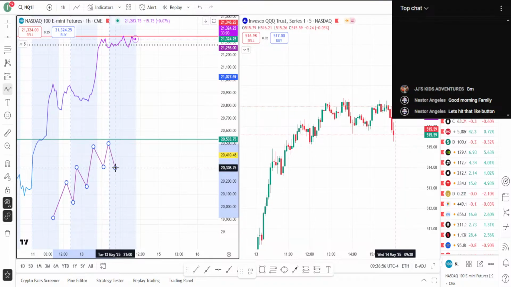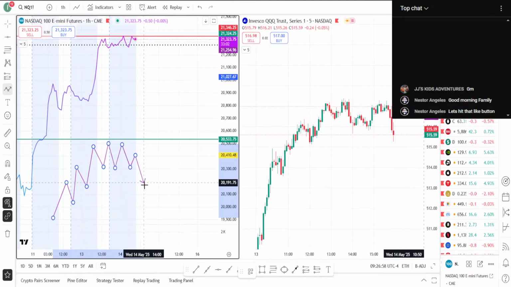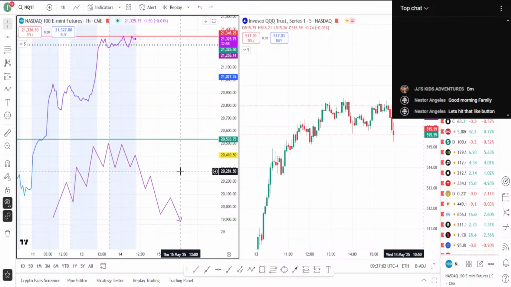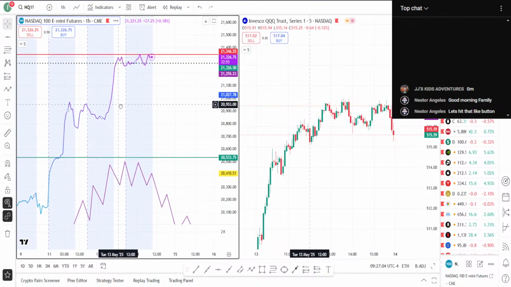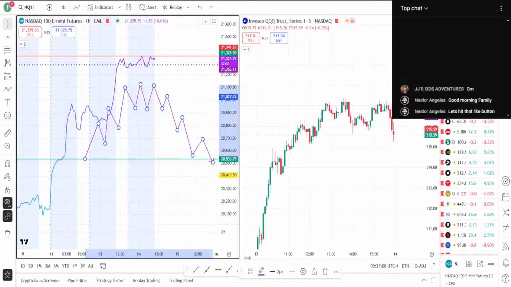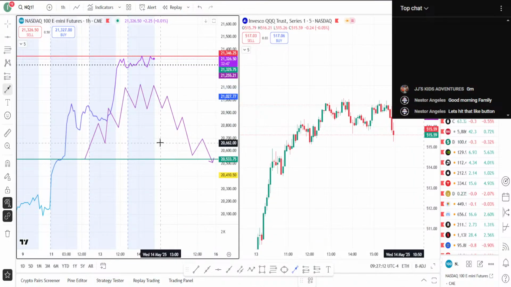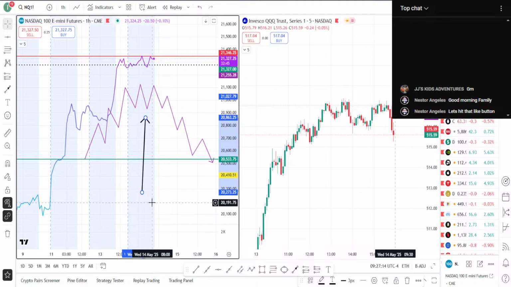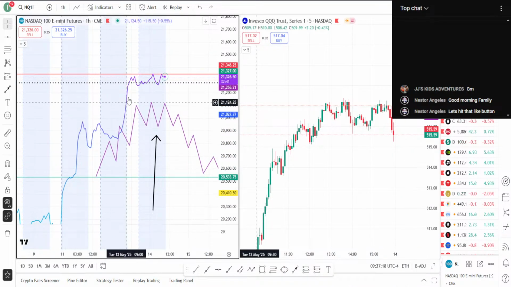We know there's a range. And then we know there's a downtrend. So it looks like we're at this part right here where we range.